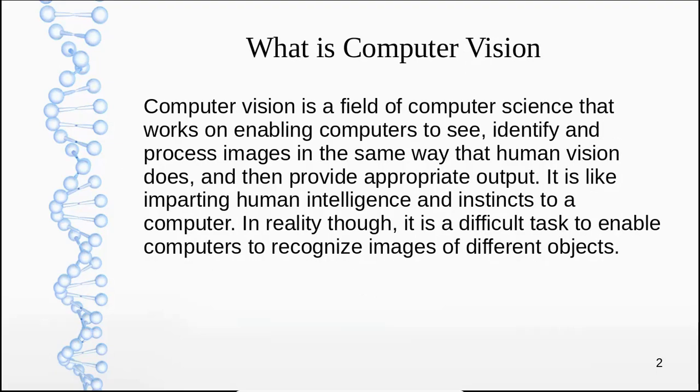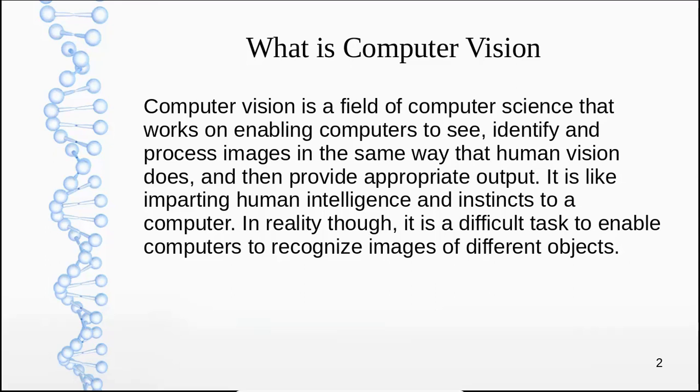Then the question arises, what is computer vision? Computer vision is a field of computer science that works on enabling computers to see, identify, and process images in the same way that human vision does, and then provide appropriate output. Computers don't look at images in the same way as we humans do.